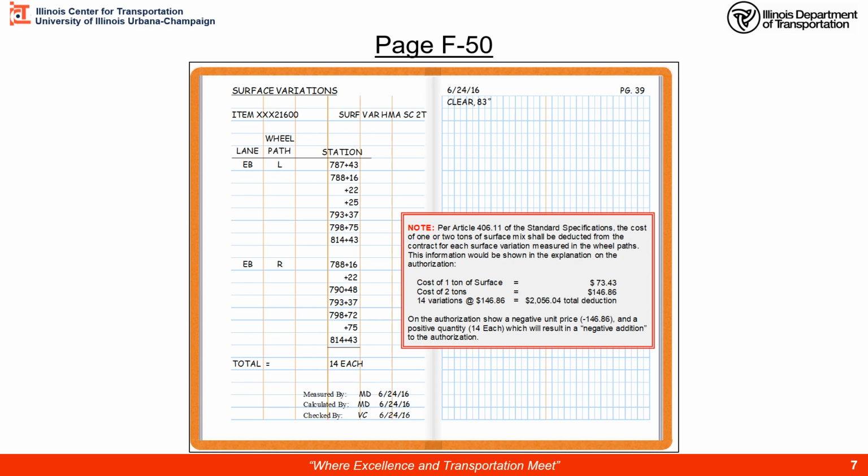And it's a simple matter of counting up your variations, 14 in this case, times 2 tons, because it was reprofiled, and get your total deduction. Then you will have to do an authorization with a negative unit price and then a quantity of 14 that will result in the negative addition as an authorization.